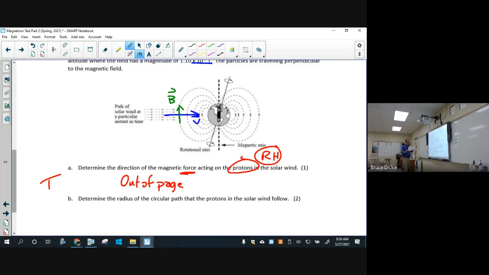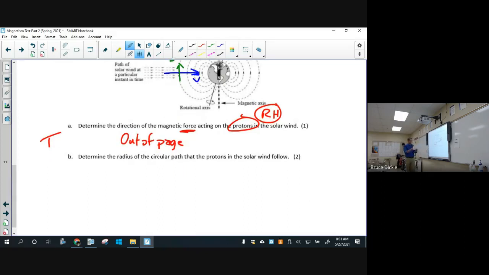And finally, very last question here. The radius of the circular path that the protons follow. We've used this equation a couple of times in our test now in the multiple choice portion. We're going to say FC is equal to FM, or mv squared over r equals qvb. The v's cancel.